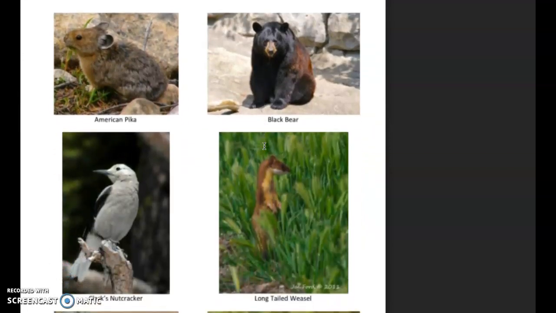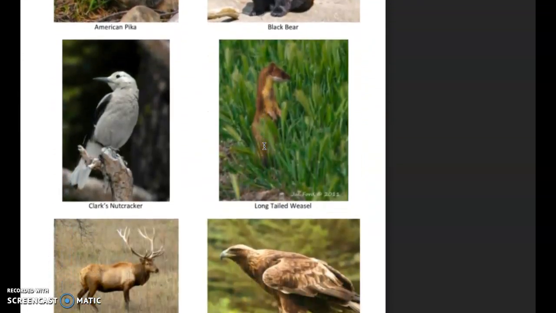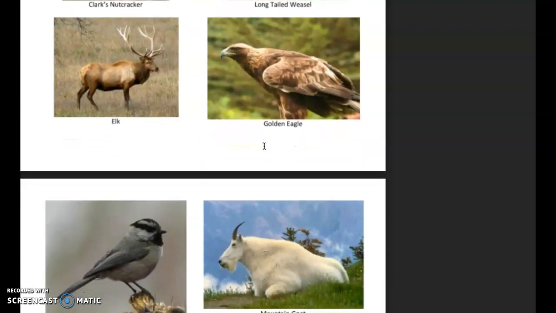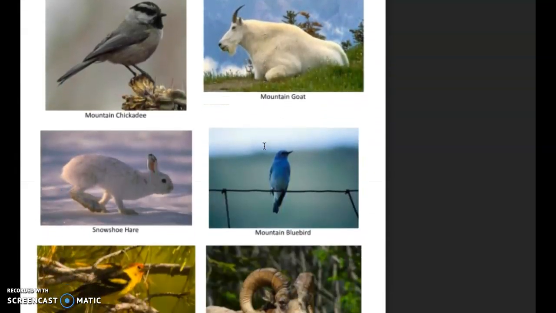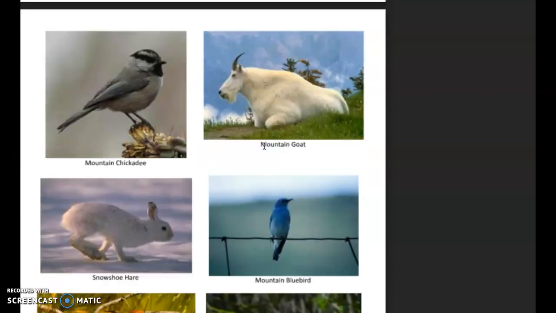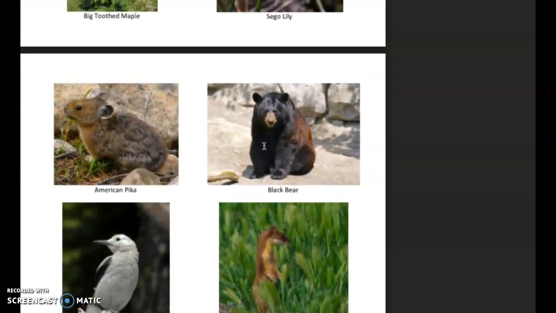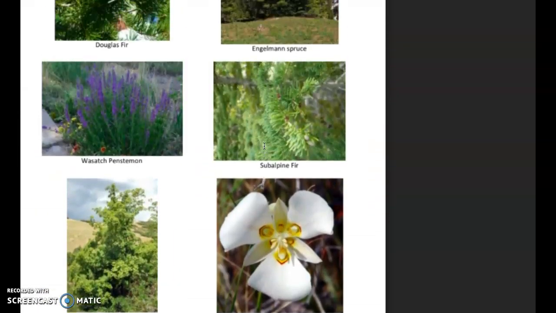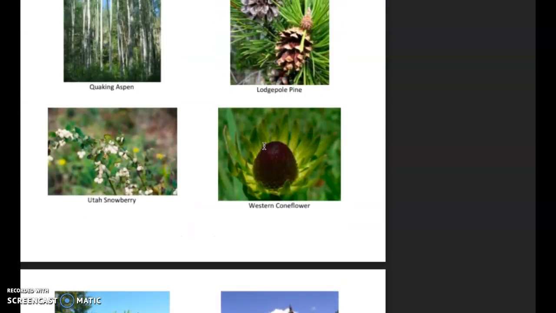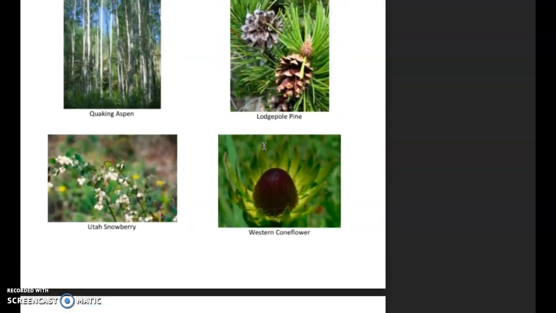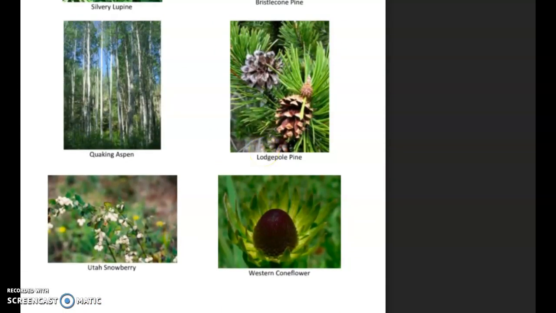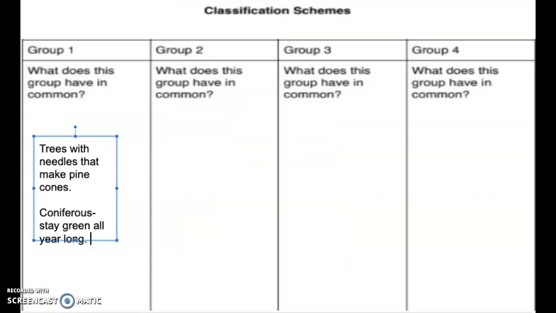As I continue on, I'm looking for that same pattern of something with a stem and some petals. Well, it looks like we had a couple. I'm going to make that my second group.